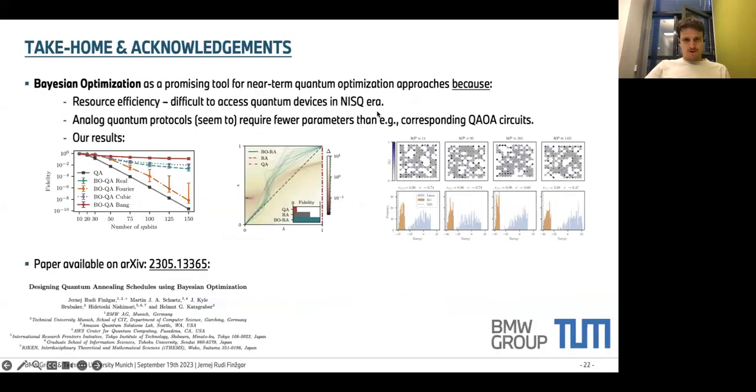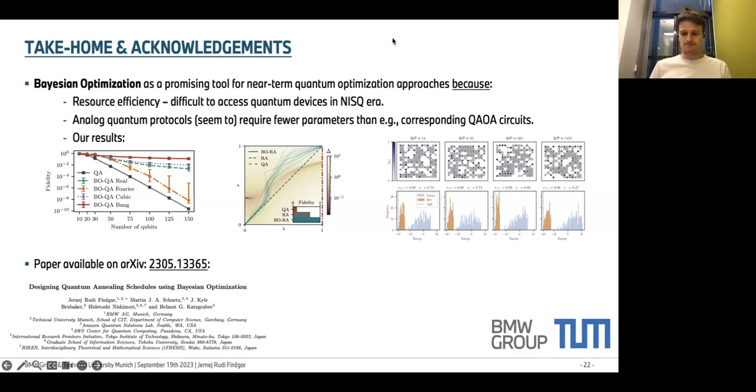All right, so this is basically it. Let me conclude with a few take-home messages. I'm of the opinion that Bayesian optimization is a very promising tool for such near-term, NISQ-type quantum optimization approaches, because I get the feeling that this pairing of analog devices, which make larger system sizes accessible and, as it seems, have very low error rates, is a very nice pairing.